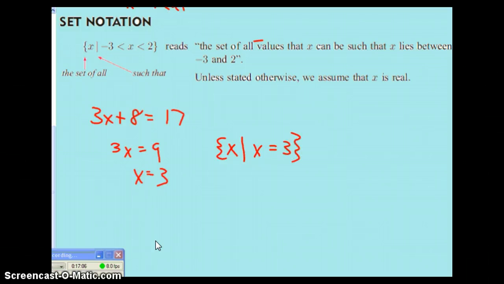And technically, now this is the abbreviated form, we should really write x such that x is an element of the reals when x is equal to 3. You should identify the number set that it belongs to. Here, they must be assuming that it's the real number.